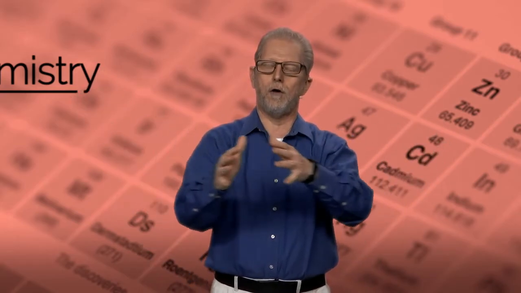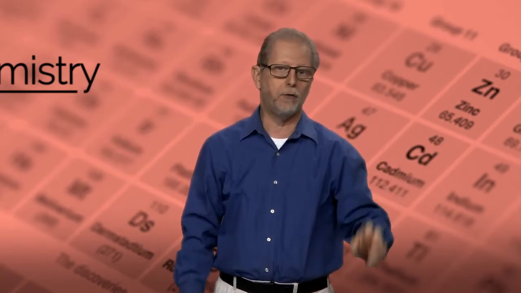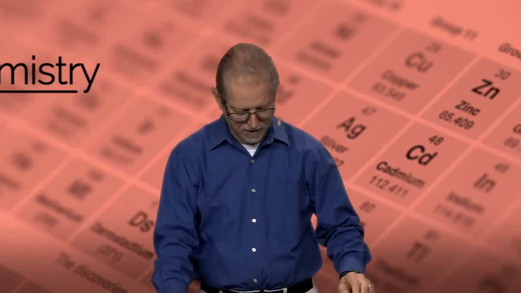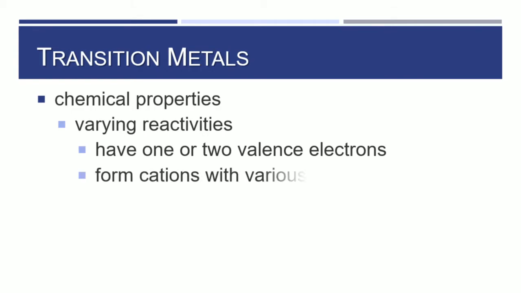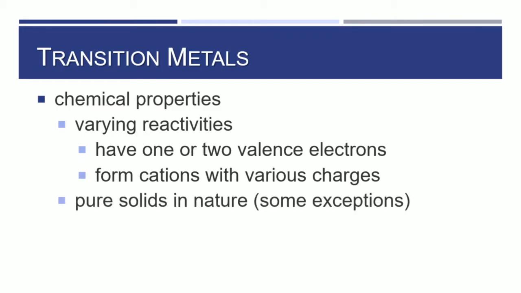Fizzle for all of the transition and even the post-transition metals that we'll see later. All right, and they have 1 or 2 valence electrons. There might be an exception, but we're not going to deal with it. They form cations, either +1 or +2. They are usually pure in nature because they are pretty low in their reactivity.